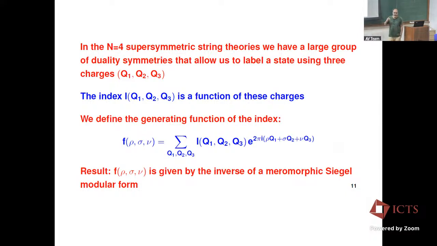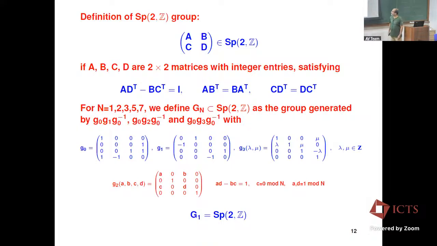So first, I'll try to give a definition of Siegel modular forms because it may be something that is not familiar to everybody, but it will be a very practical definition. I'll not go into deep mathematics behind this. So first, let me define the Sp(2,Z) group. This is a group of 4 by 4 matrices, which I'll write as A, B, C, D, where these are 2 by 2 matrices.